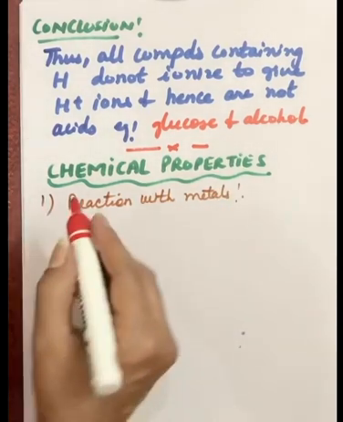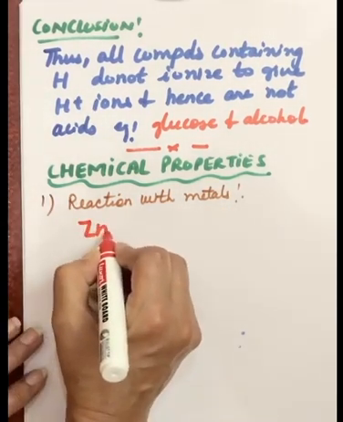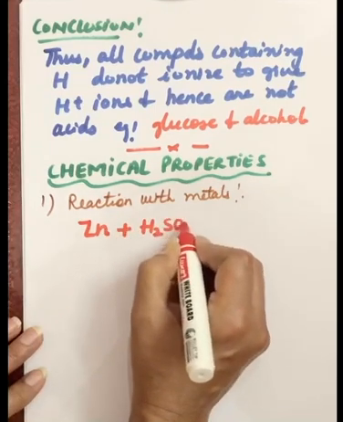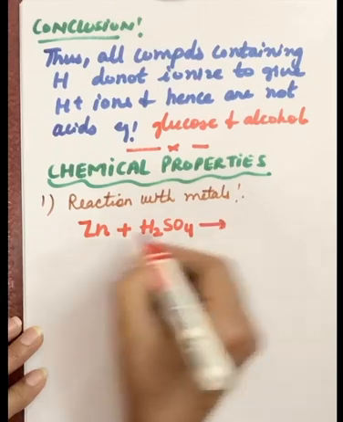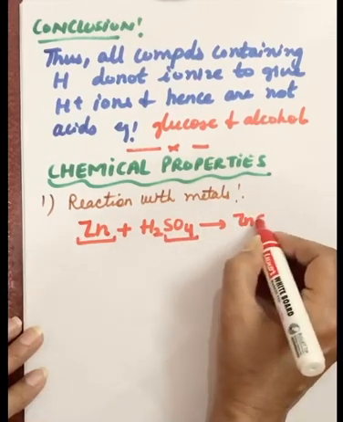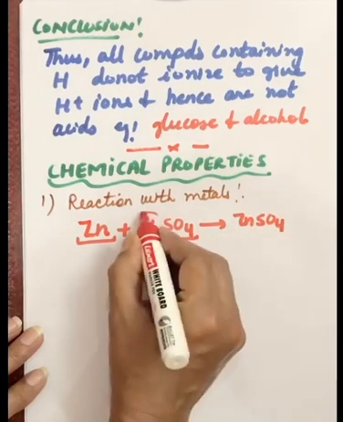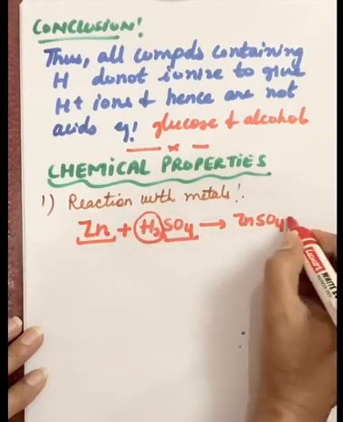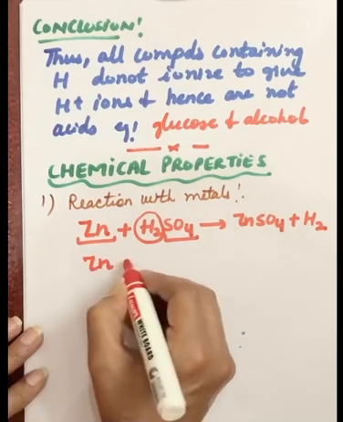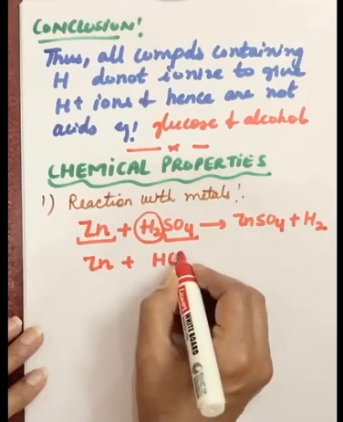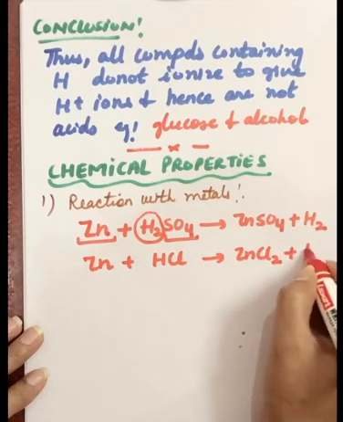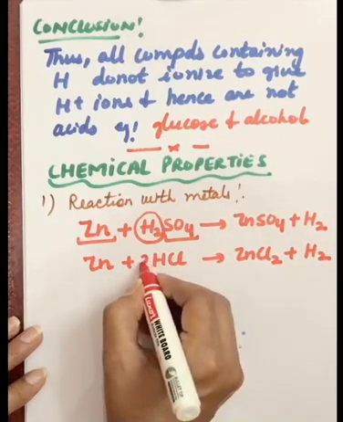See, metals like zinc. To this, when we add sulfuric acid, there is formation of zinc sulfate salt, and in addition there is evolution of which gas? Hydrogen gas. Similarly, if we take hydrochloric acid, then also there's formation of salt, zinc chloride, and there's evolution of which gas?